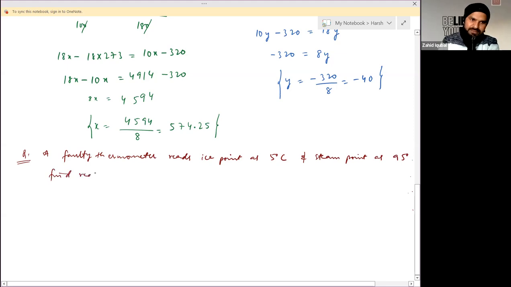Find the reading of 60 degrees Celsius on this scale.